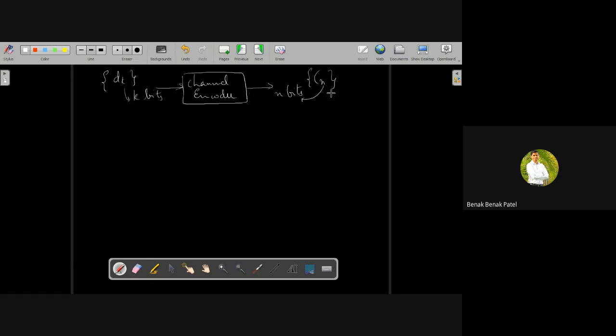Now here, the Cn can be mathematically given as C1, C2 till Ck, then Ck plus 1, Ck plus 2 till Cn. This is in turn equal to d1, d2 till dk, and when I multiply this input with something called the generator matrix.